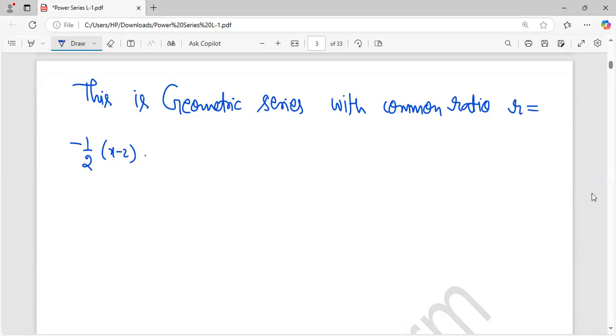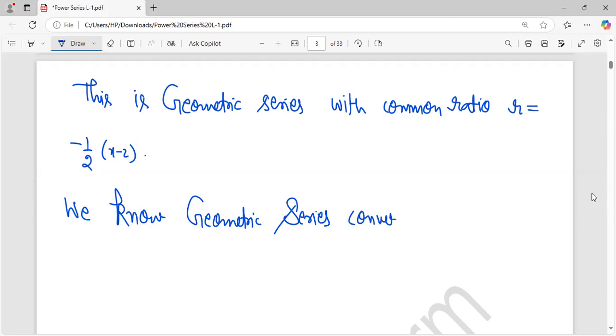Therefore, we know a geometric series converges if the absolute value of the common ratio is less than 1.